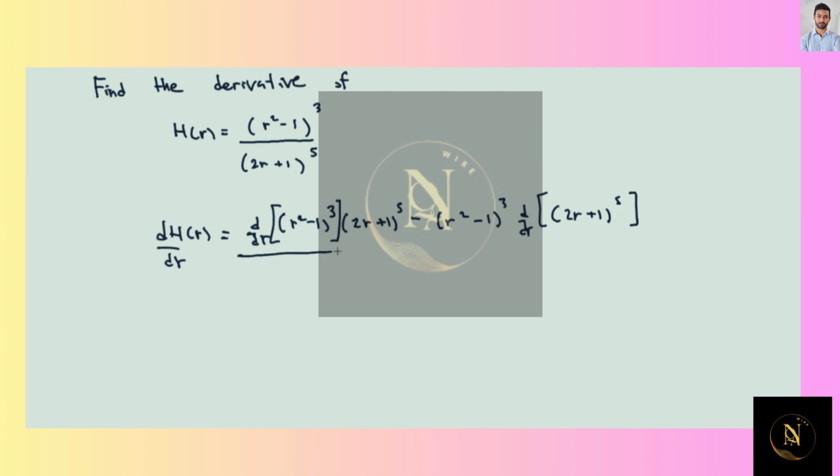And all this will be divided by the function in the denominator squared. So (2r plus 1) to the power of 10.